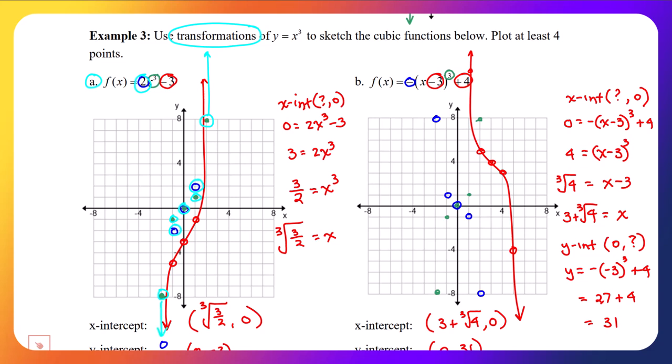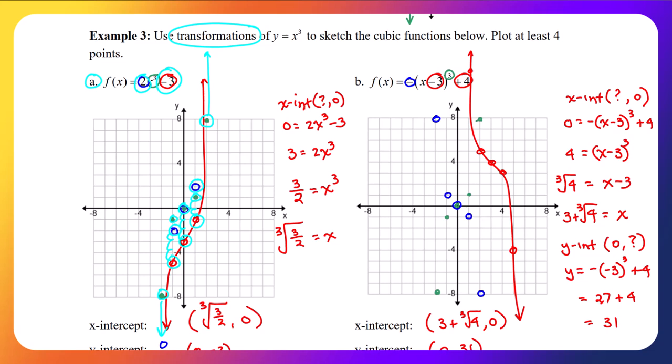And we have our blue dots. And then the red, minus 3, takes the graph and moves it down 3. So 1, 2, 3. And we have our red graph, which is the result of multiplying by 2 and subtracting 3.